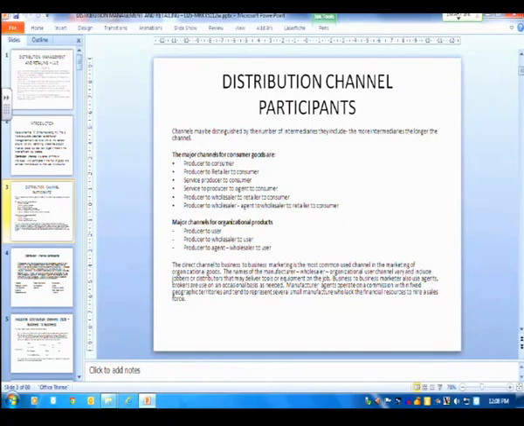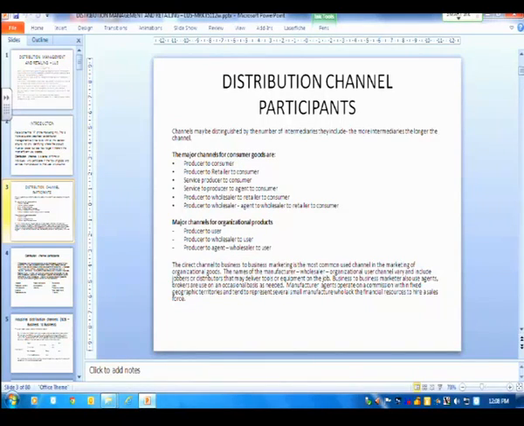Thirdly, service producer to consumer. Fourthly, service producer to agent to consumer. Then next, producer to wholesaler to retailer to consumer. And then producer to agent to wholesaler to retailer to consumer.